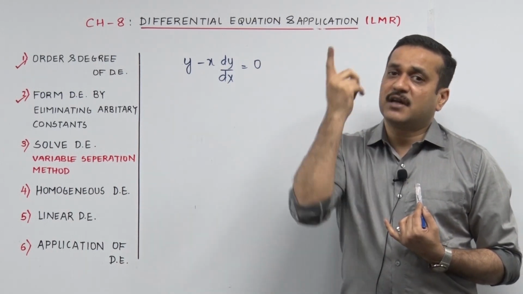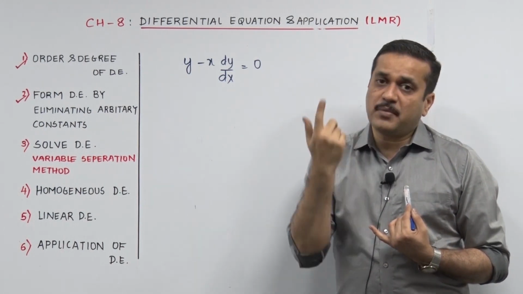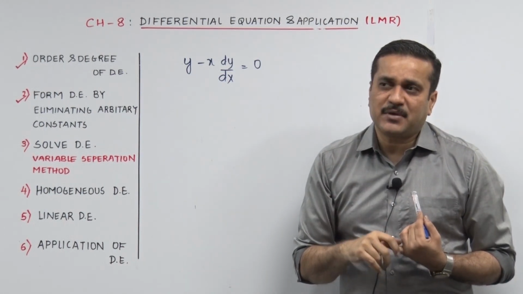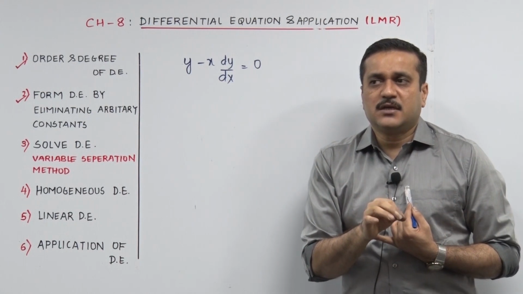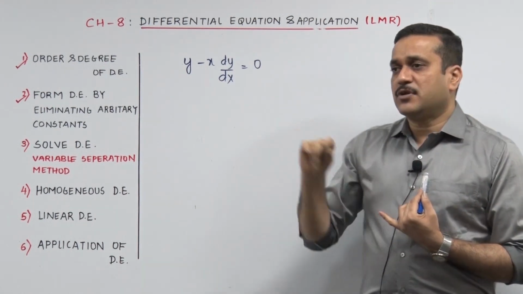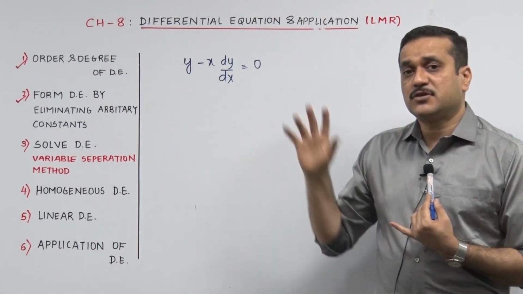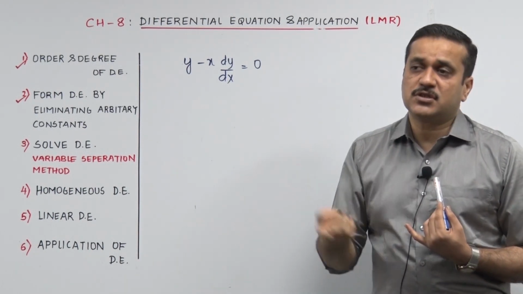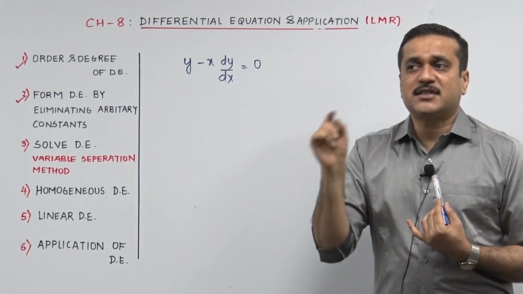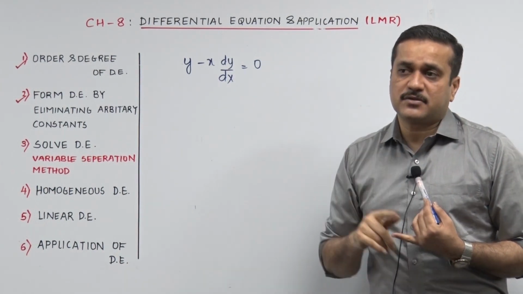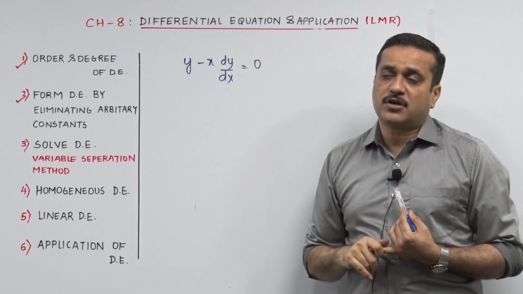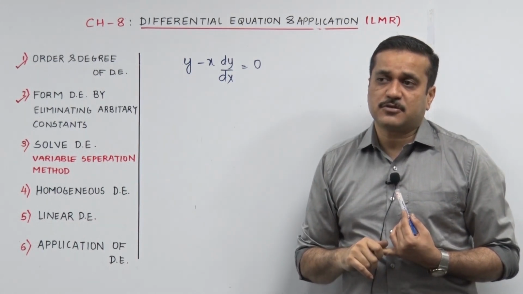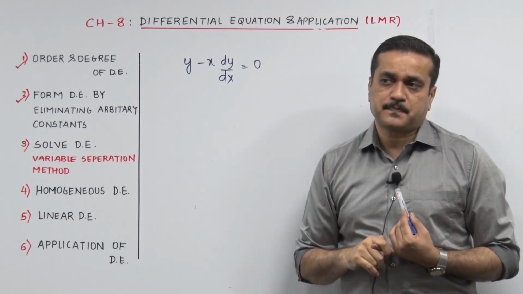That means there must be only one arbitrary constant, and therefore to go back you just need to integrate one time. Let me keep it very simple. You must have differentiated only one time to reach such kind of differential equation, because you can see only dy by dx. So, when you want to go back to the solution, the good news is you just need to integrate one time. So, your syllabus has restricted to that kind of sums. It talks only about first order differential equation, order 1, dy by dx.